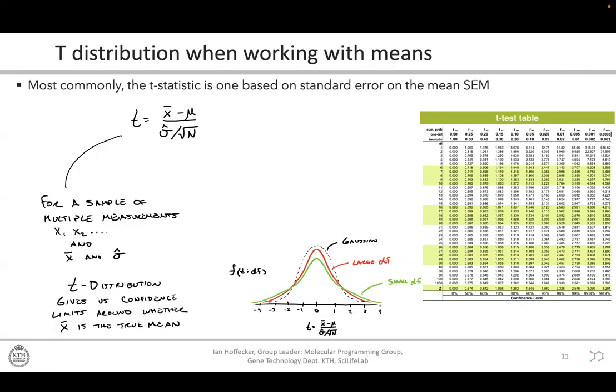So instead of Z, we have T here. Instead of thinking of standard deviations away from the mean in the Gaussian, we're thinking of standard deviations away from the mean in the T distribution, and we're computing these values using this estimator sigma hat here.